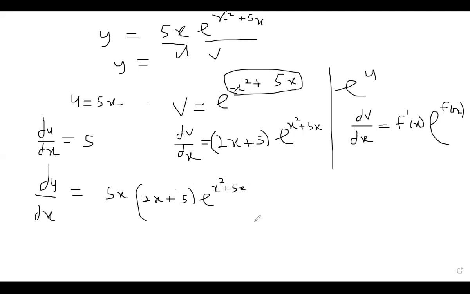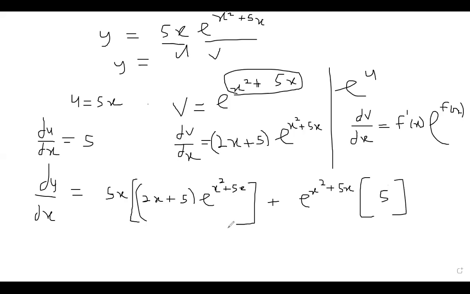This is the v. Sorry, this is dv/dx. So this is u dv/dx plus v, which will be what? e raised to the power x squared plus 5x times du/dx. So du/dx is what? It is 5.